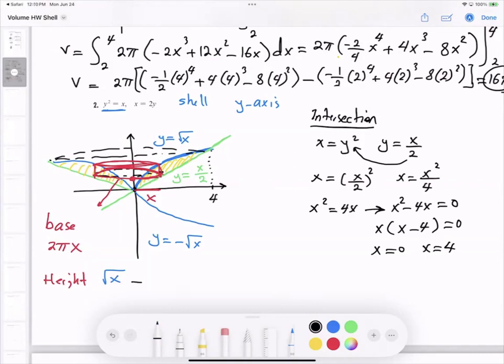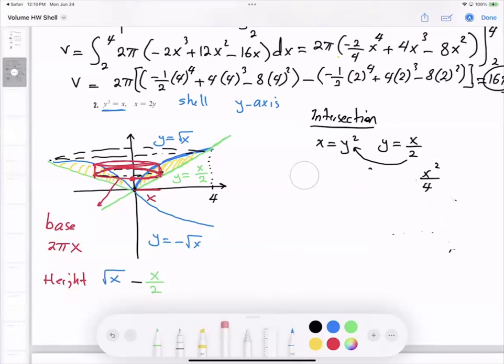So this is your height, the height of the shell, x divided by 2. Very good. So now we can find the volume. So let me erase this part of the board so we have more space to do the calculation for the volume.